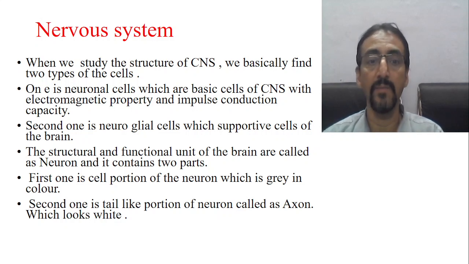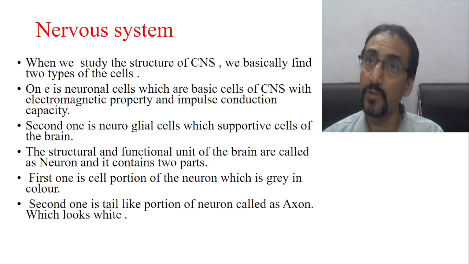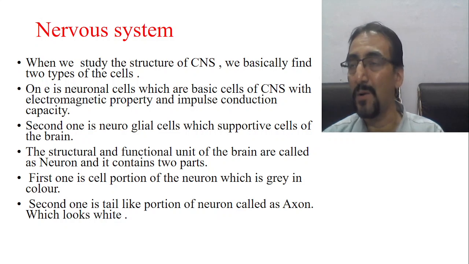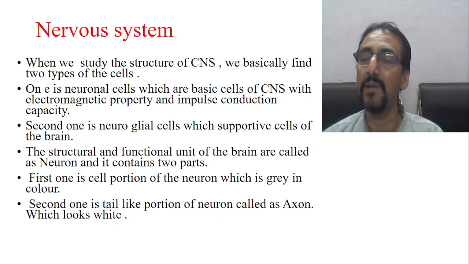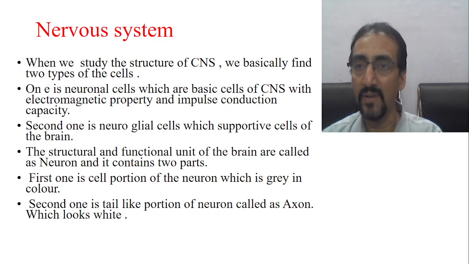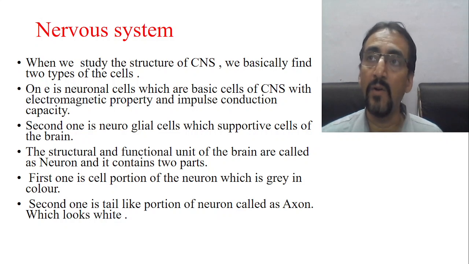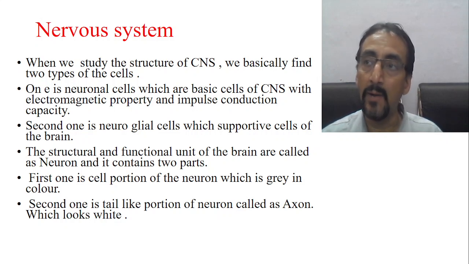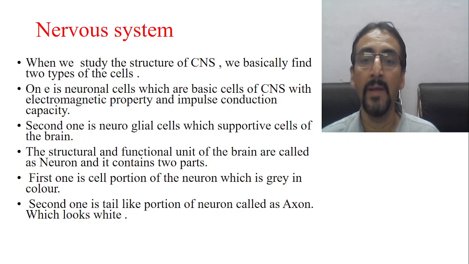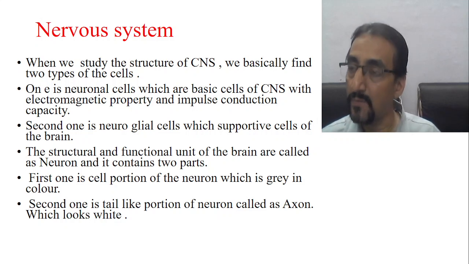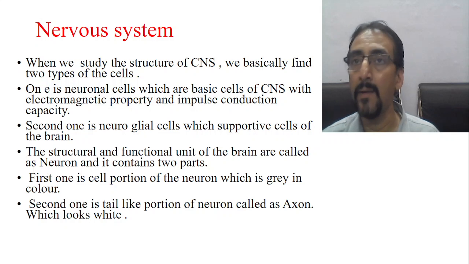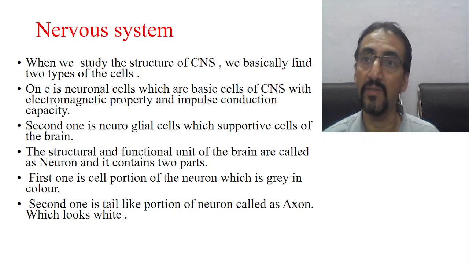The first one is the cell portion of the neuron, and the second one is the tail portion of the neuron. A neuron is not like an epithelial cell. An epithelial cell is just one cell, with a cell membrane and a nucleus. But here the neuron will have a cell portion and also a tail portion. The tail portion of the neuron is long, like a tail, and that is called the axon. The cell portion of the neuron is called the body of the neuron.